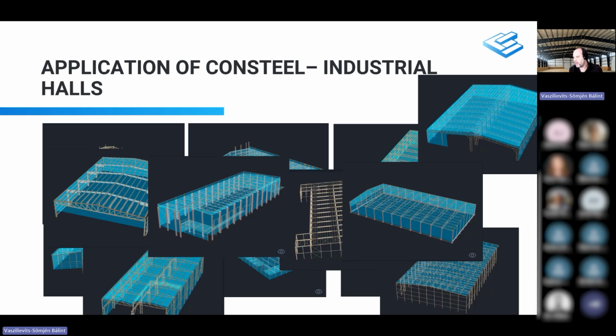This might include profiles, members with non-uniform cross-sections, cold formed sections, eccentricity always is present on these structures, and the whole together becomes a really demanding and interesting problem to be solved.